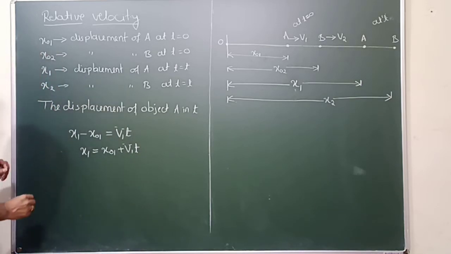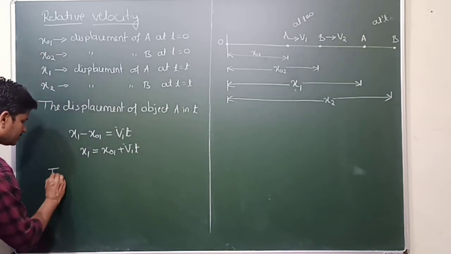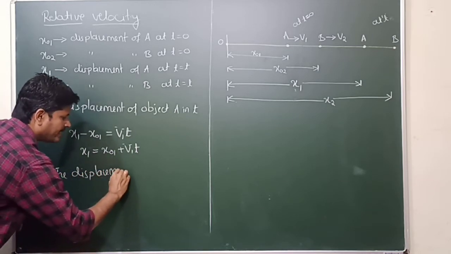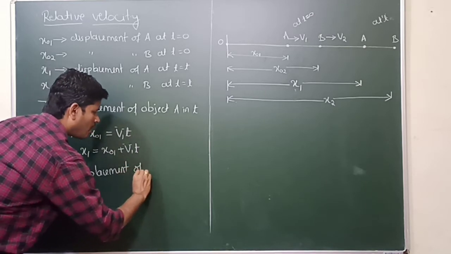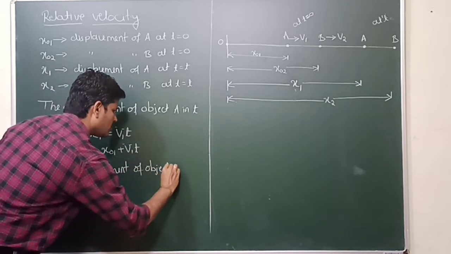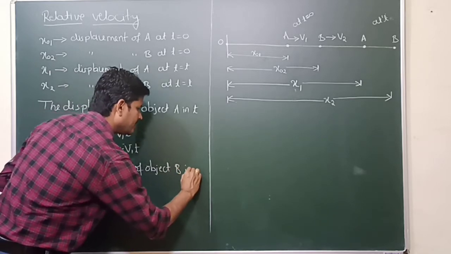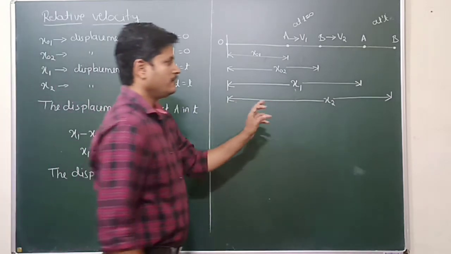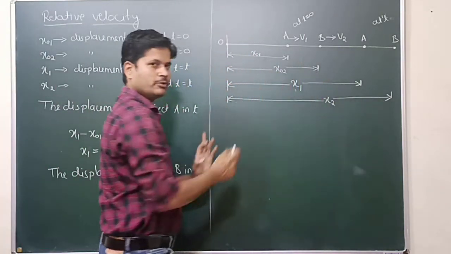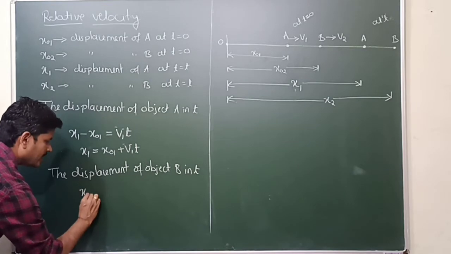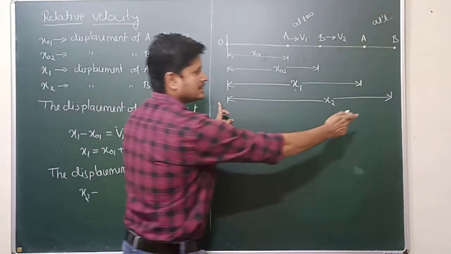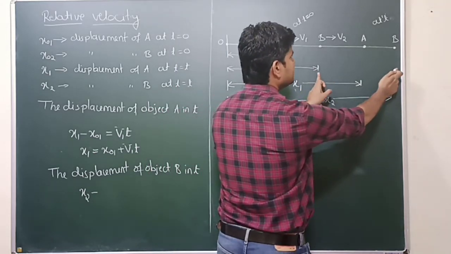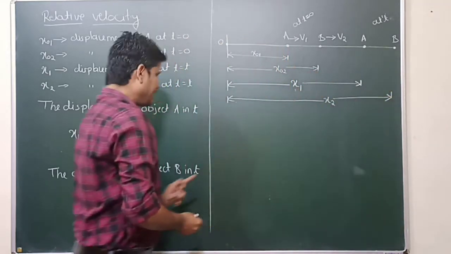Is it right? Similarly, the displacement of object B in a time t is final position minus initial position. Similarly, x2 minus x02. If we do this, then we will get this displacement, correct?